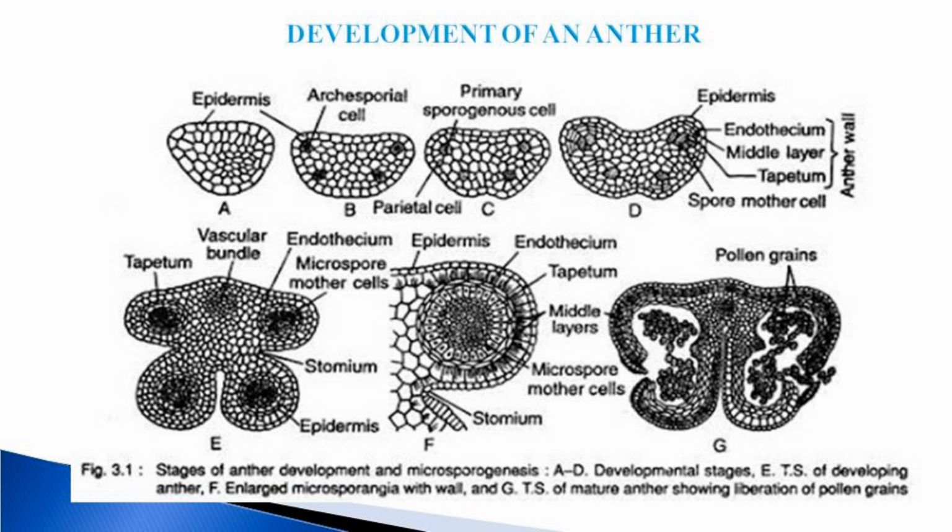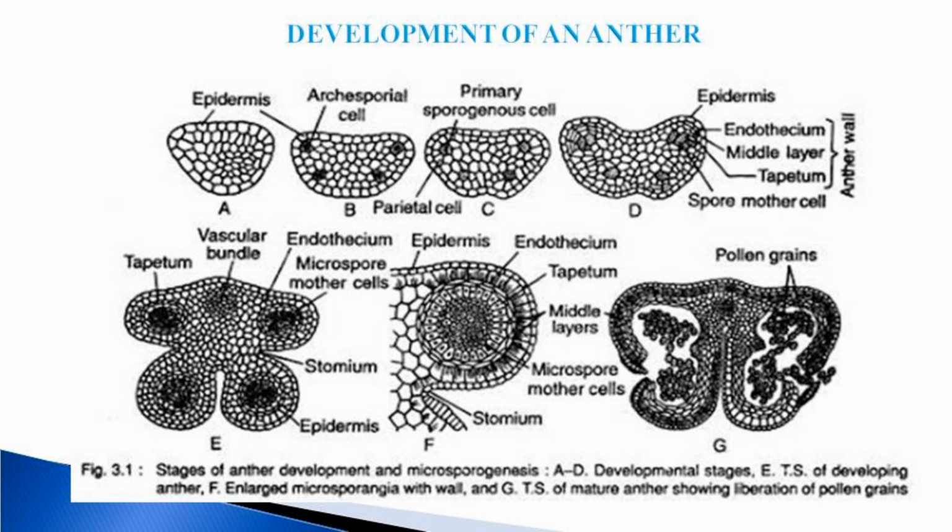Here you can see the four-lobed anther begins its development as an undifferentiated mass of compactly arranged homogeneous parenchyma cells which are surrounded by an epidermis. First it becomes two-lobed and then it becomes four-lobed structure.